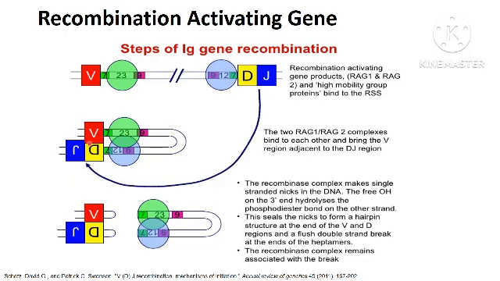Once VDJ comes closer, this recombinase complex can introduce breaks here to separate this RSS sequence along with the intervening sequence, and VDJ will be separated. Once you get VDJ, the leftover part will be deleted.